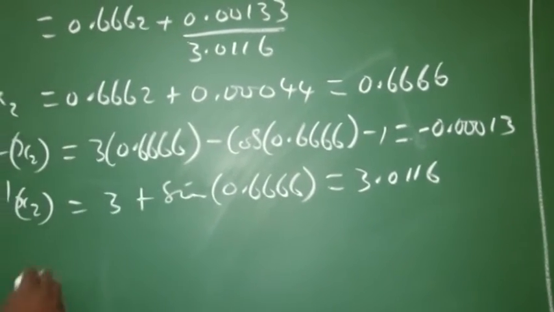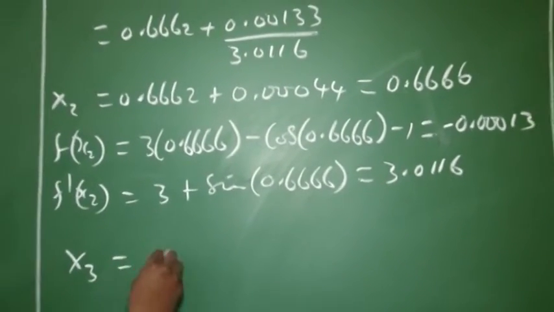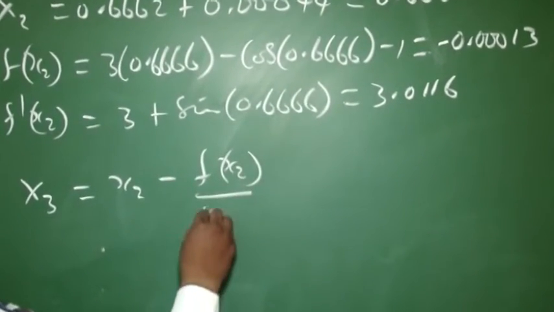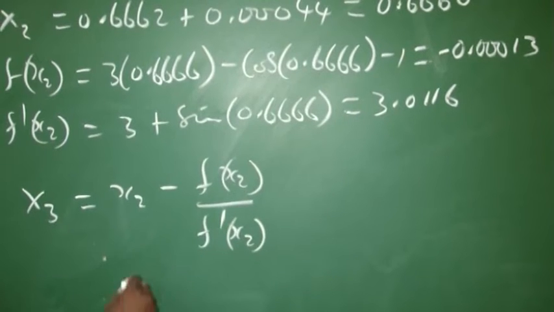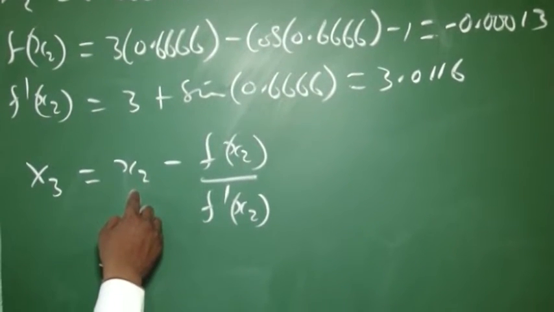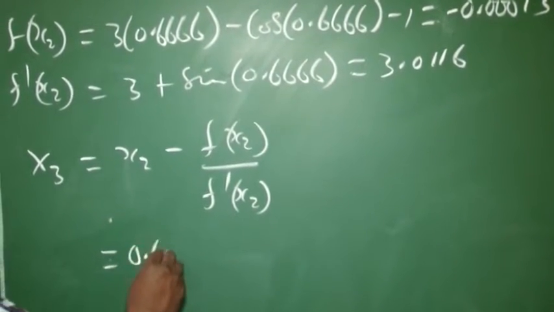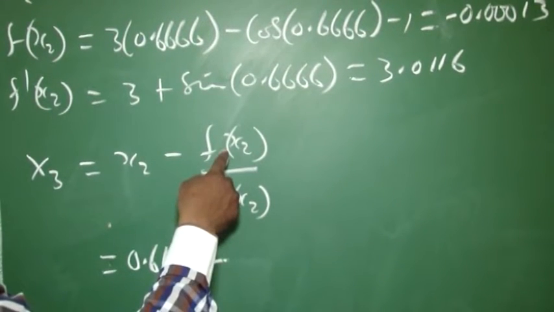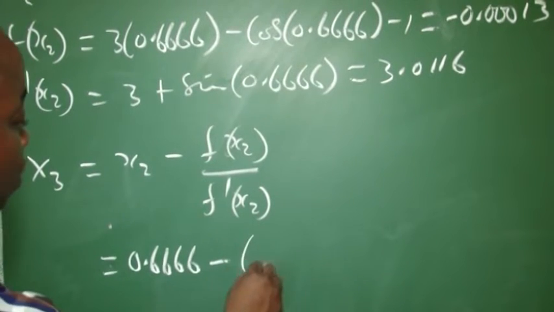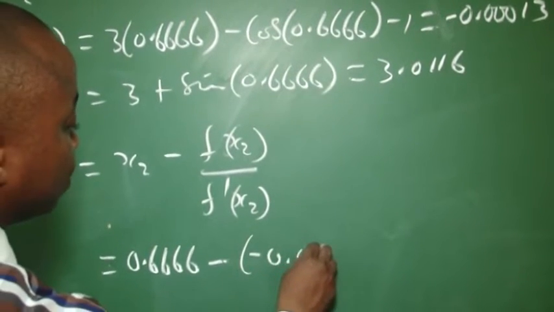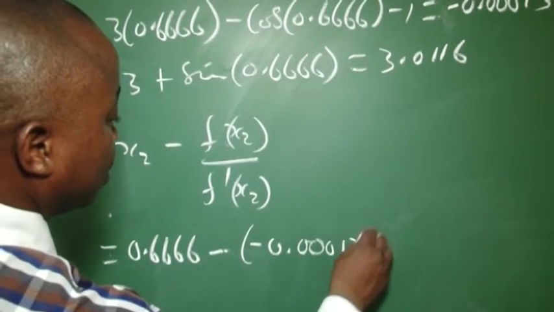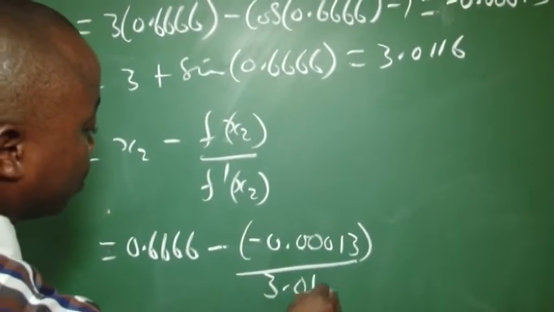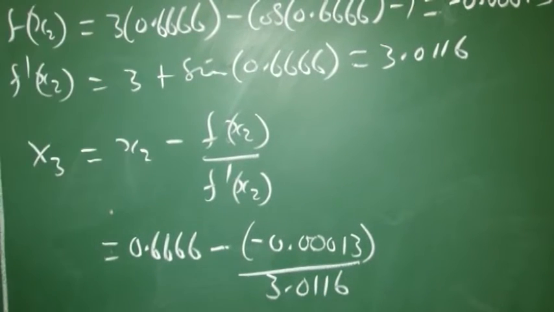Now, x3 will be equal to x2 minus f of x2 over f prime of x2, and that will give us x2, which is 0.6666, minus f of x2, which is minus 0.00013, over f prime of x2, which is 3.0116.